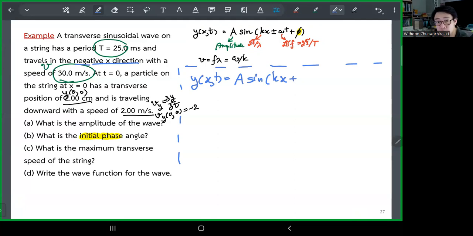Cool. So that is good, and you follow with omega t plus phi. This is the wave equation. All right, so what can we do with this?